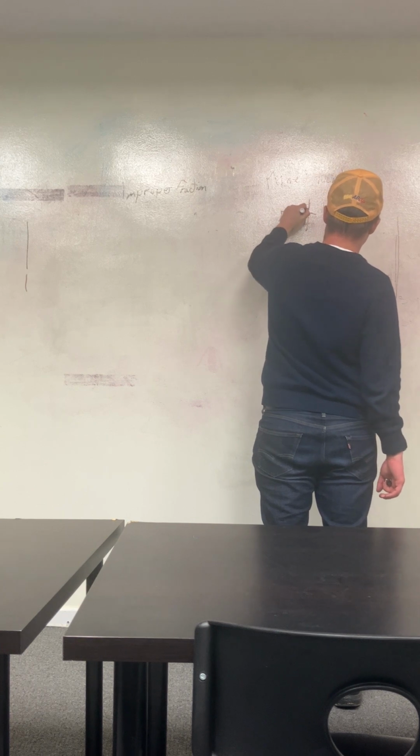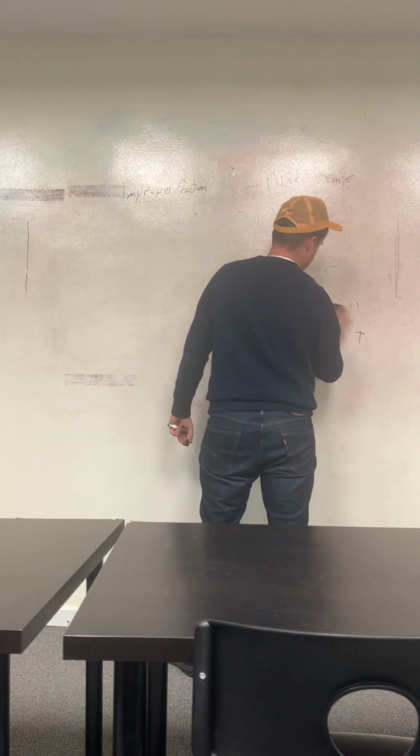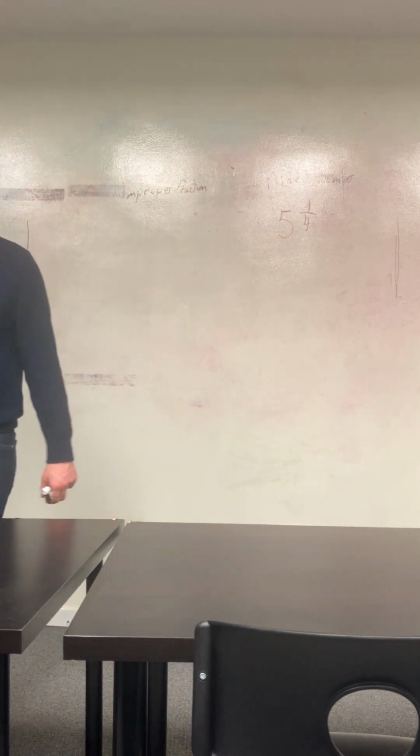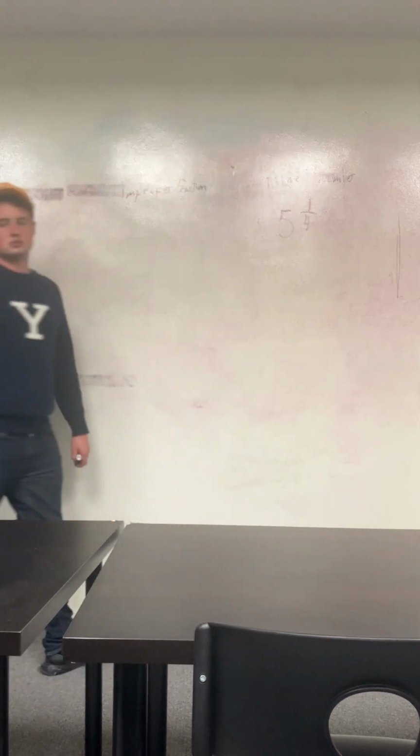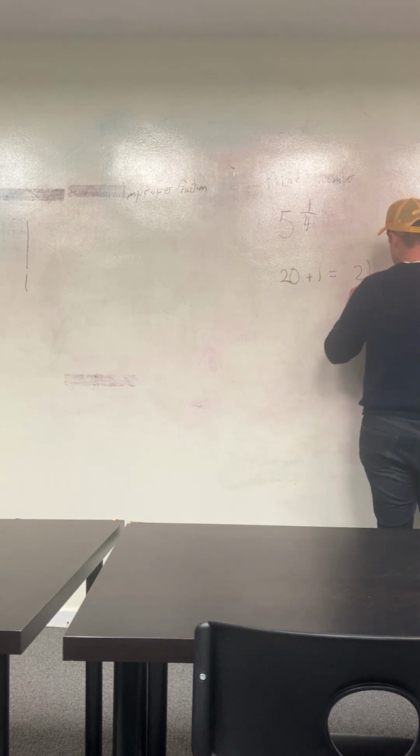Here's going to be your next practice one, 5 1/4. So 4 times 5 is 20, plus 1 is 21, over 4.